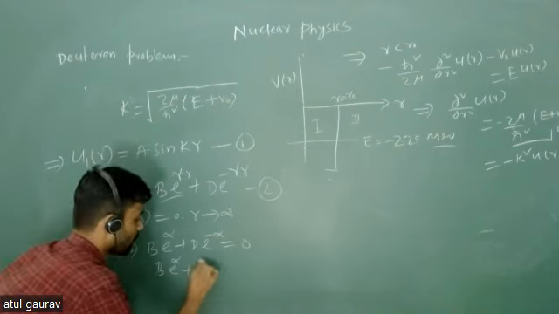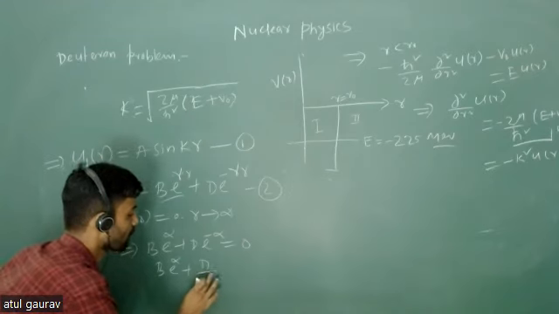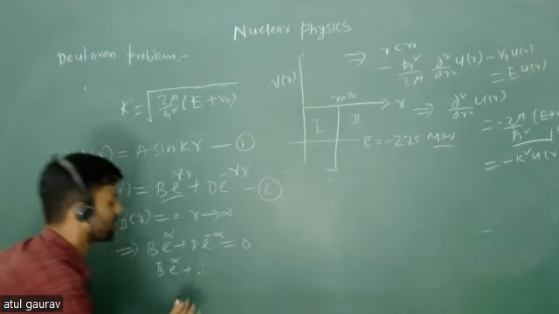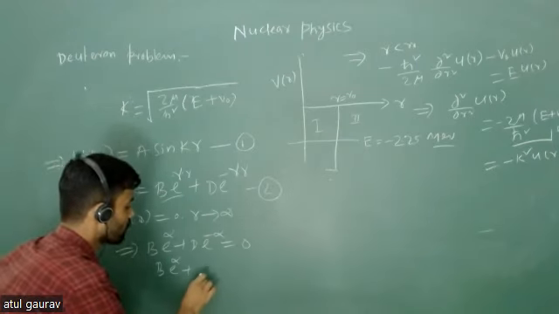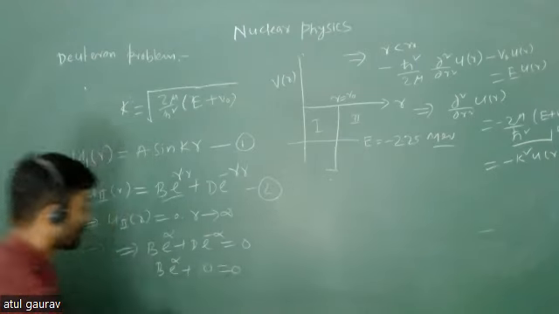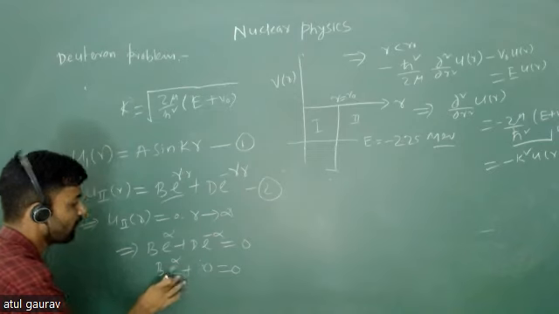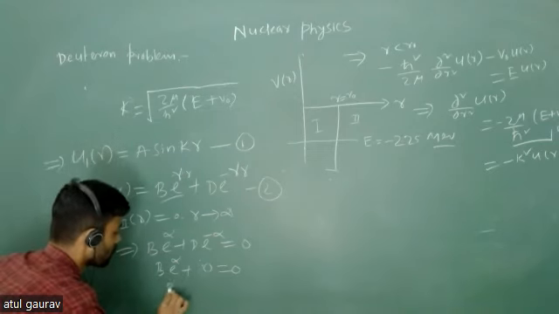So d divided by e to the power infinity will be 0 automatically, because e to the power minus infinity is 0. So d into 0 equals 0, and b into infinity is 0. It means b should be 0.